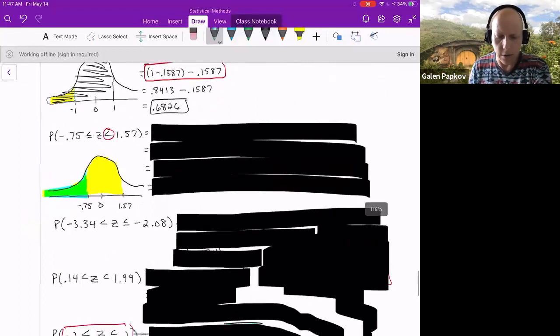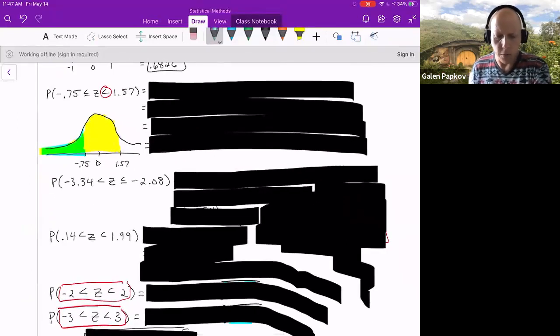All right, so here are a few more problems for you to practice. Let's go through one more together. So we want the area between negative 0.75 and positive 1.57. Based on my shading, I got the area to the left of 1.57, and then I subtracted from that the area to the left of negative 0.75.